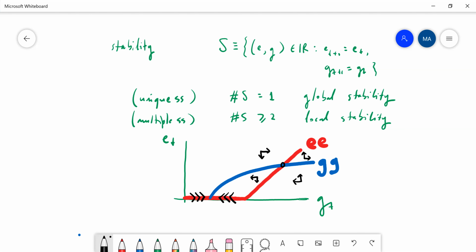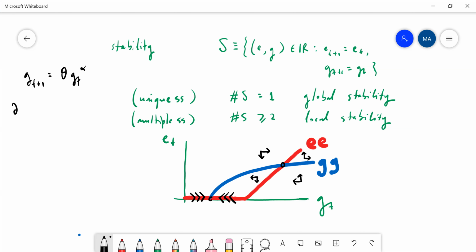Now let me explain how I do that. For the first steady state, this one right here, our dynamics is theta G(t) to the alpha.